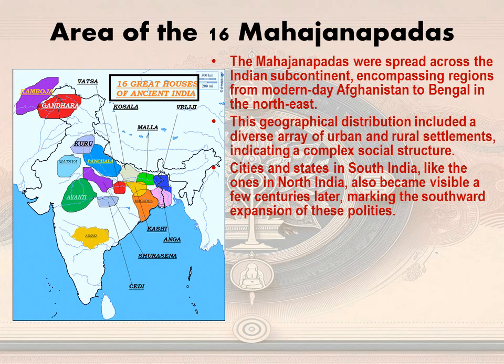Cities and states in South India, like the ones in North India, also became visible a few centuries later, marking the southward expansion of these polities. So cities in South India also became prominent during this period, and thus we get an understanding that there was southward expansion of different political entities.